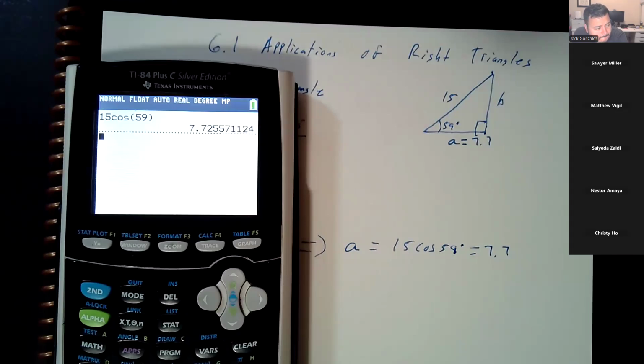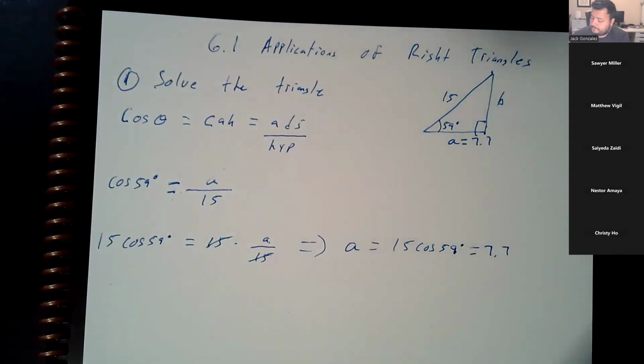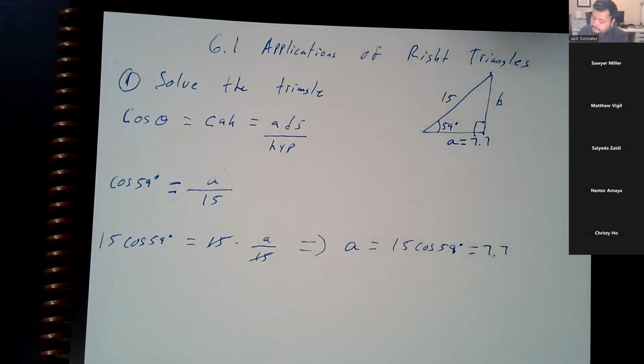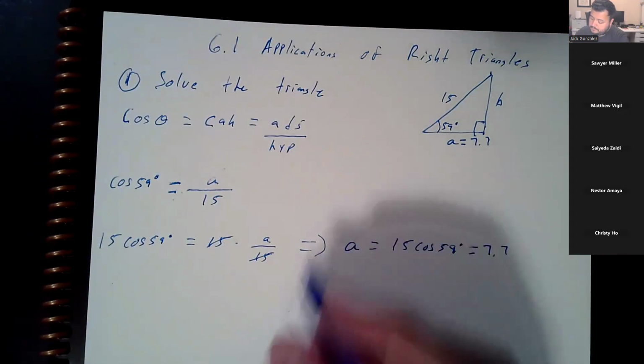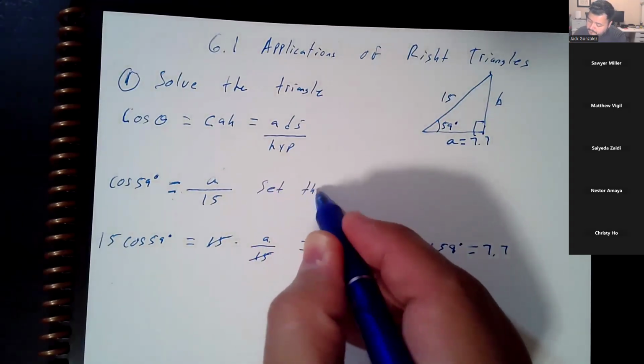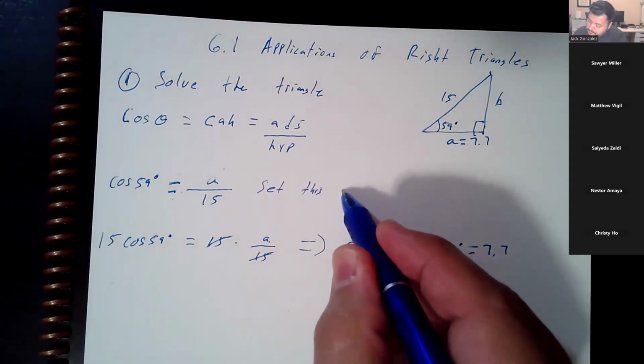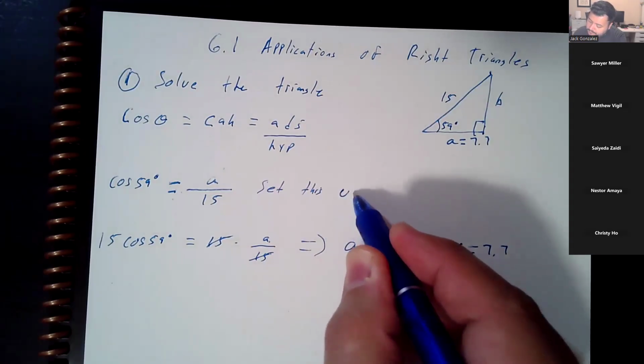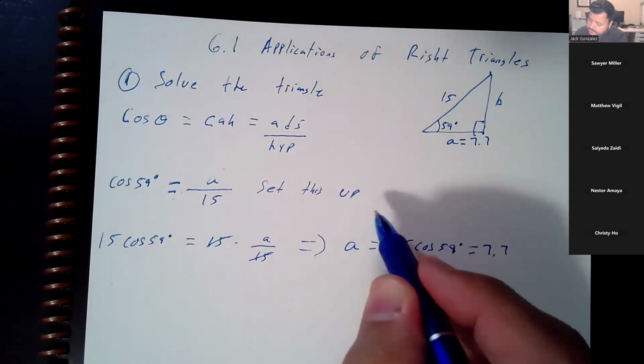Does that make sense? Yes. Isn't this what we did in Unit 1? Mm-hmm. Yeah, we're kind of reviewing a little bit. We're just going to make it a little more complicated, and then we're going to go to something new.